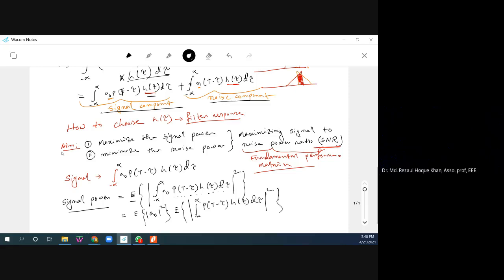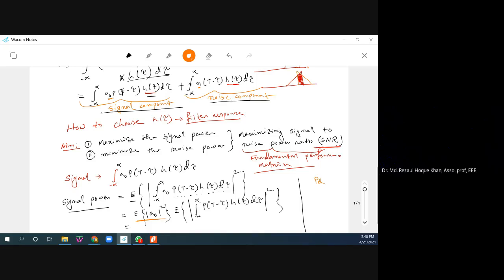Okay. We have solved this part before. Expected value of a squared. What is the expected value of a squared? We term it as PD.